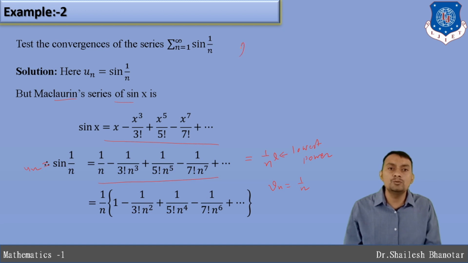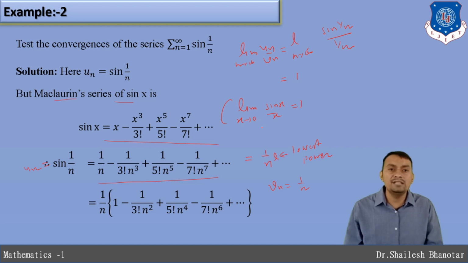Now what you have to do: limit n tends to infinity, un divided by vn. Here un is sine 1 by n, and vn is nothing but 1 divided by n, and this limit is 1, because we know that limit x tends to 0, sin x by x is nothing but 1.